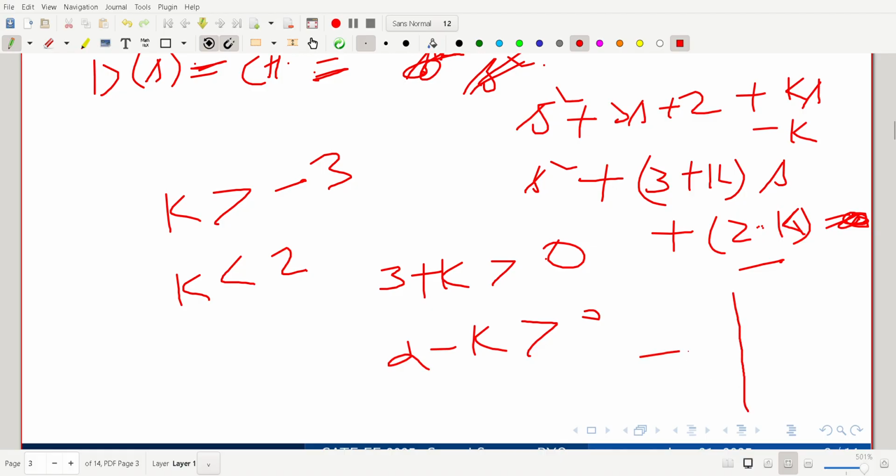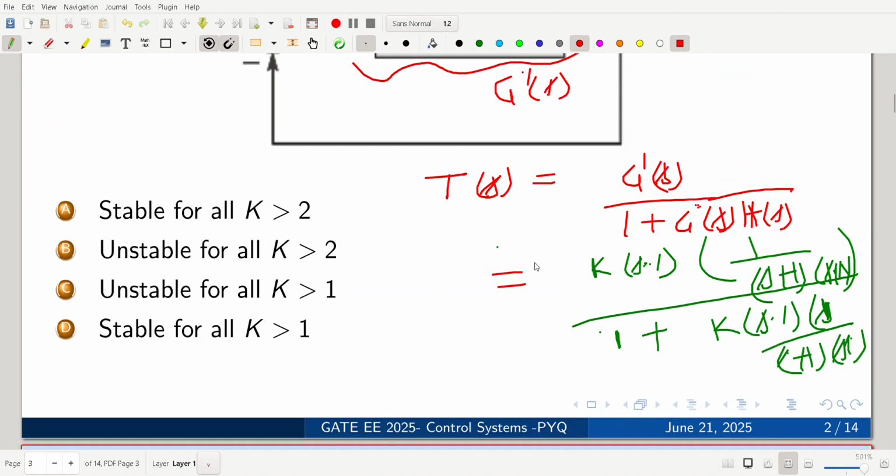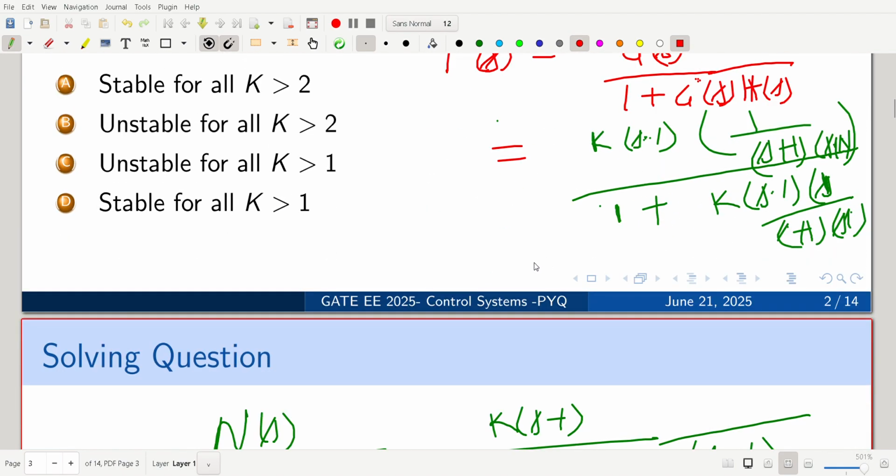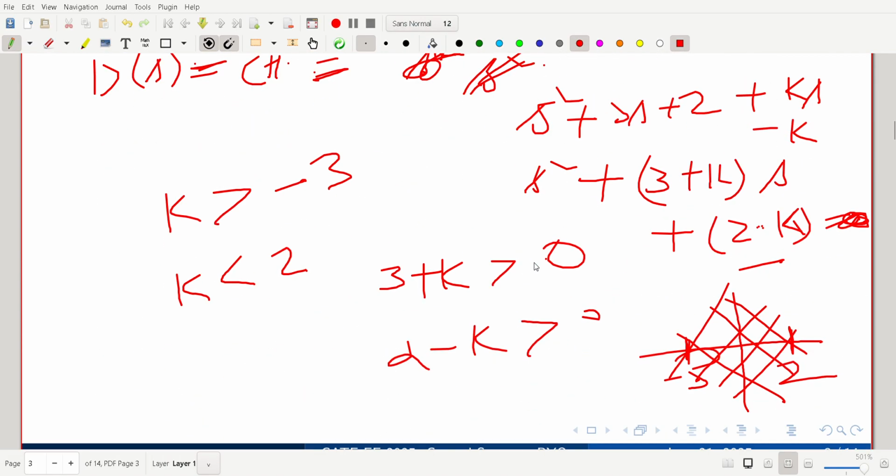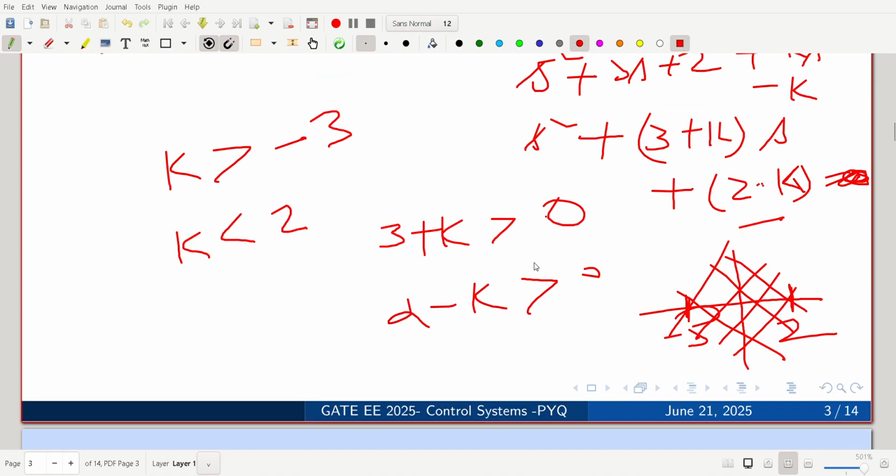So our k range is, you can see, this is minus 3 and this is 2. So the k range should be like that. Let me check back. So here, in case of stable, okay, our k range should be less than 2.